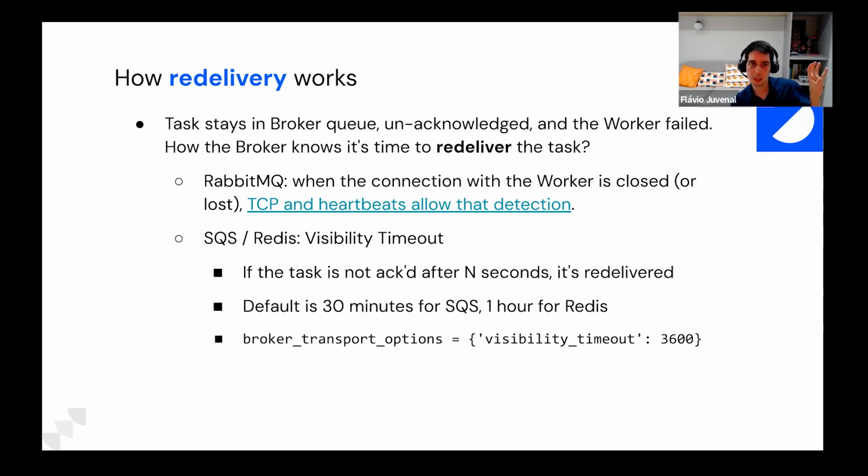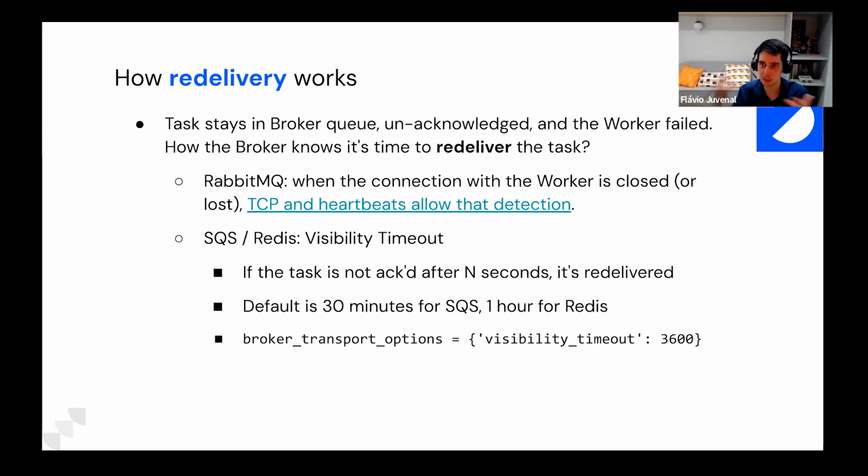Okay, so how does this redelivery really work? The task stays on the broker queue unacknowledged, and the worker failed. How does the broker know it's time to redeliver the task? On RabbitMQ, that works really great because there is a connection between the broker and each worker. You can have multiple workers. When this connection drops, that means the worker process is lost.